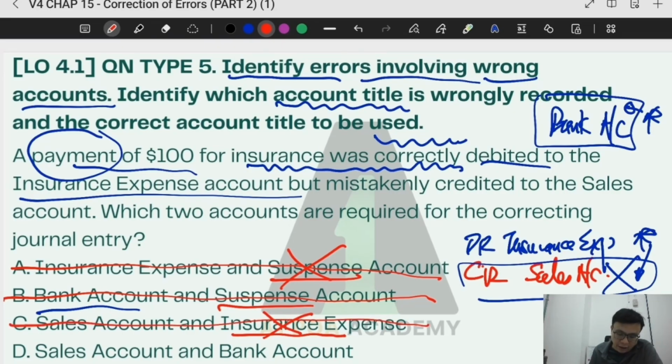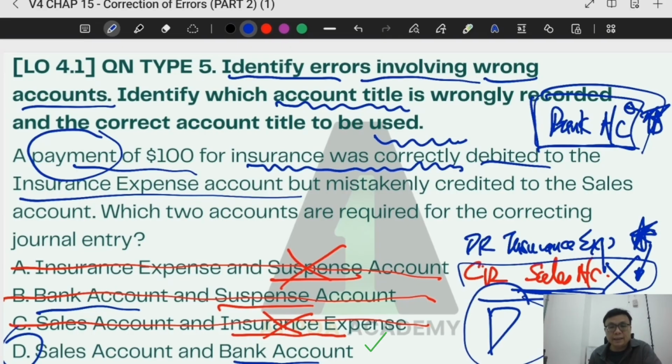Last but not least, D, sales account and bank account. Earlier on, as part of the explanation, we mentioned that these two accounts need to be involved, which are bank account and sales account. So here we have bank account, and then after that we have sales account here. So this must be the correct answer. Therefore, the answer is D. D is the correct answer.